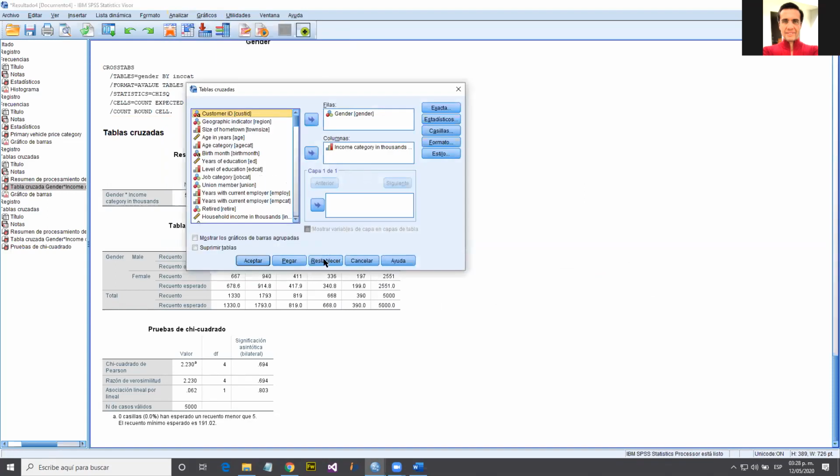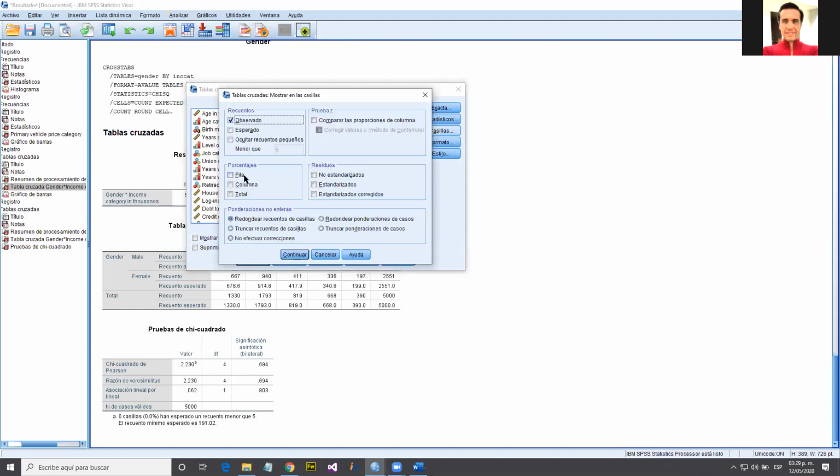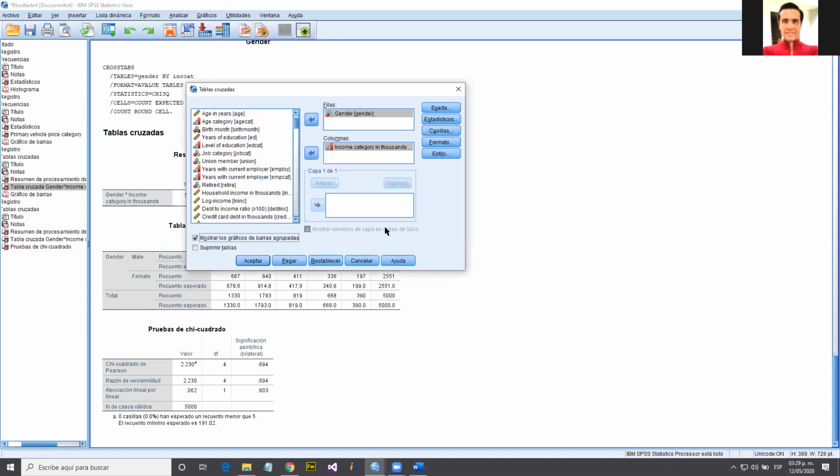The first time you can take this on faith: you put your variables, because believe me, this is how it works. You go to cells, you put all the percentages, and you can show the graphics and accept it, and that's it. This is the first part of the analysis.